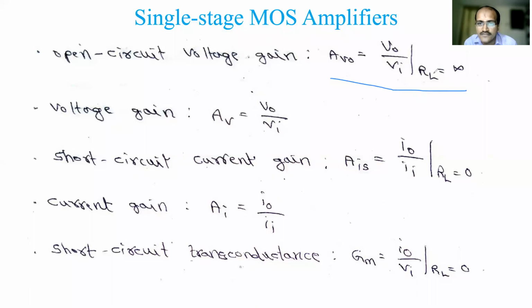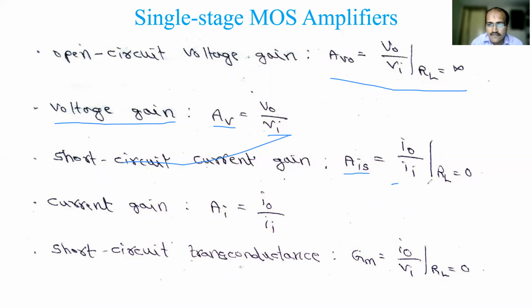If the load is connected, then we call that just voltage gain, and the notation is also just Av. Here Avo means the load is not connected. Here the load is connected, and it is given as just Vo by Vi. So those are the two different cases. Similarly, current gain also, short circuit current gain, denoted as Ais.